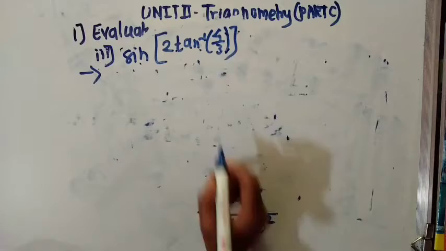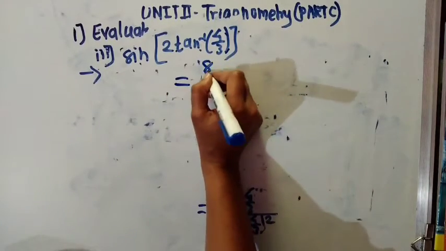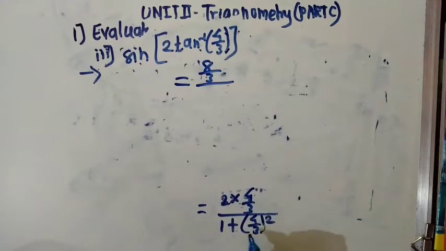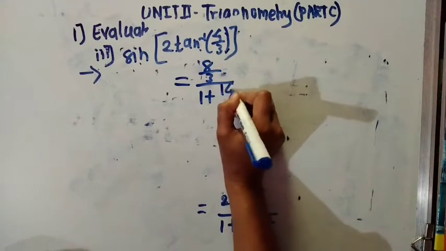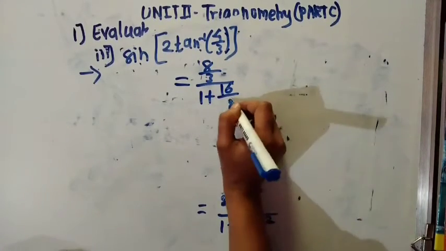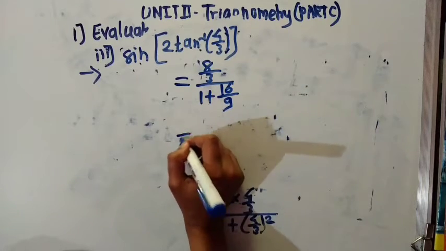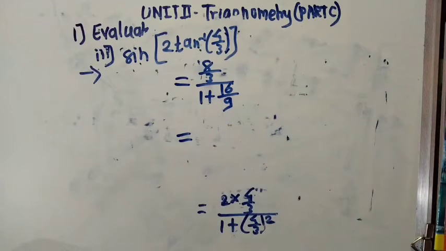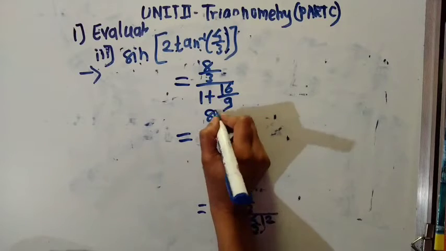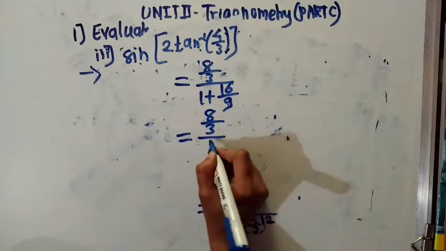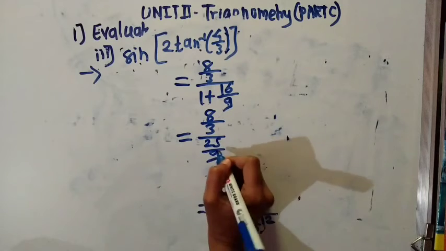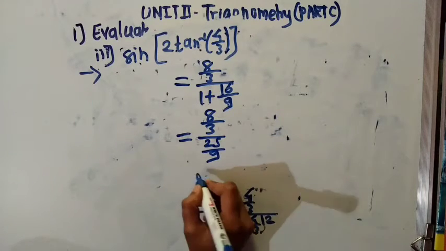Then 4 into 2 is 8 upon 3, upon 1 plus 4 square is 16 and 3 square is 9, so 9 plus 16 is 25 upon 9.